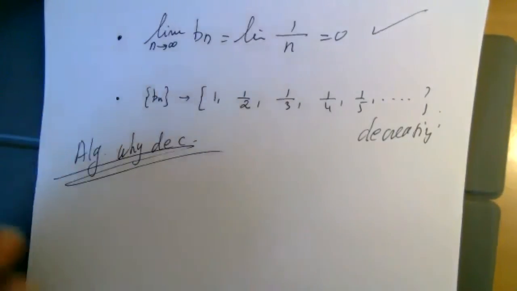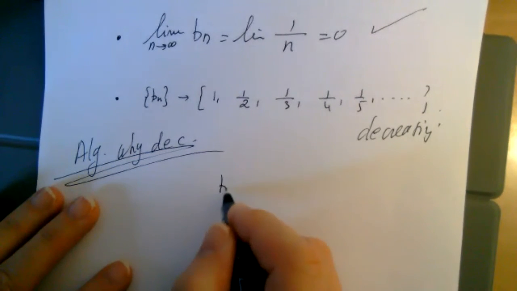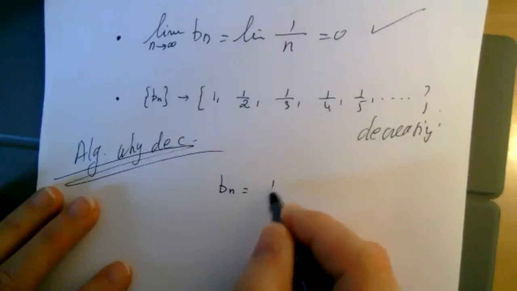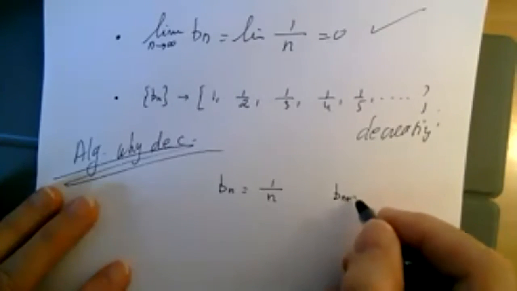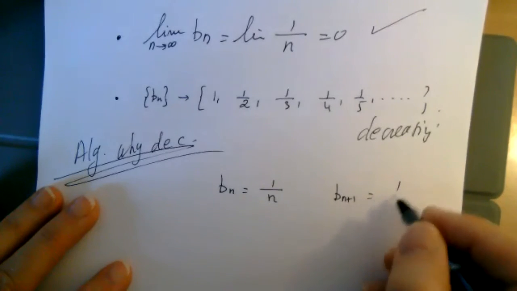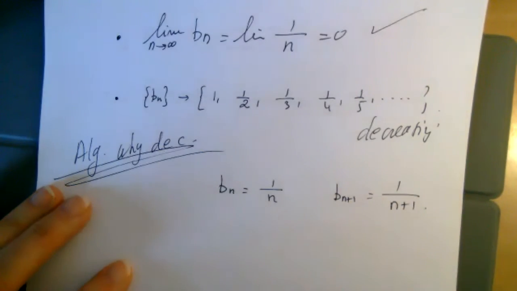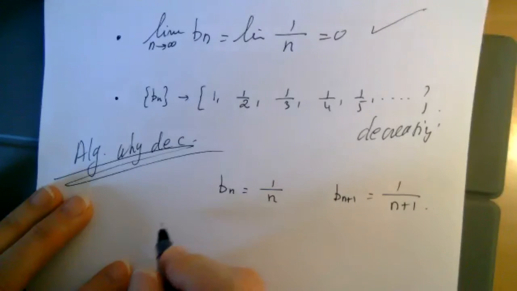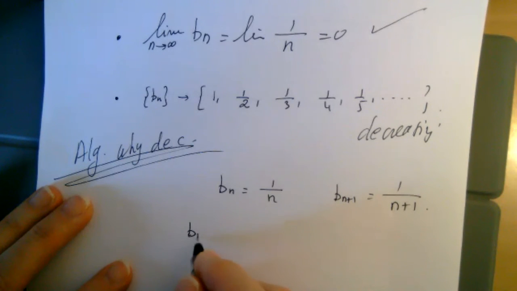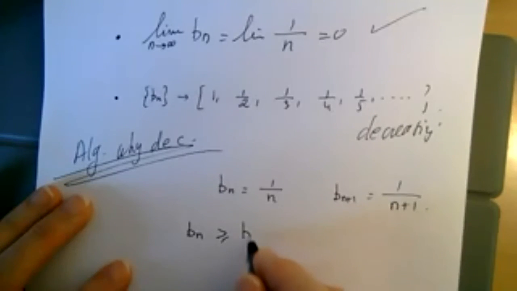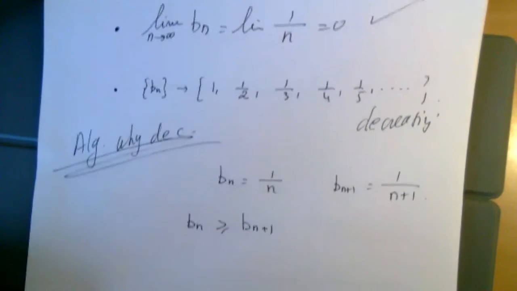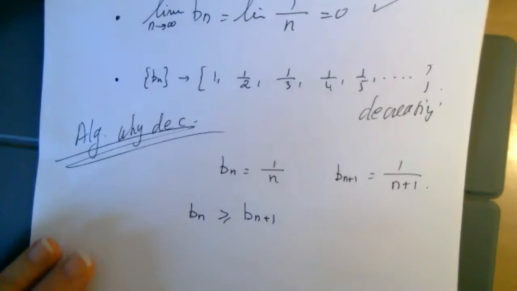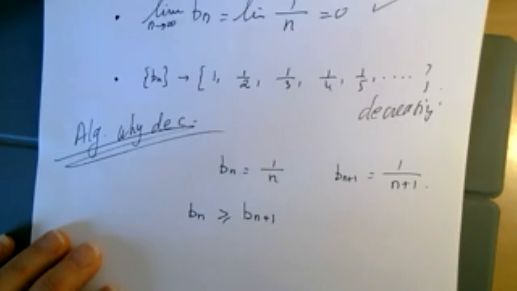It means if I take the general term, bn, which is 1 over n, and the term that comes after it, 1 over n plus 1, the question is: is bn larger than bn plus 1? That's algebraically what we do. Who can give me an argument why it is true?